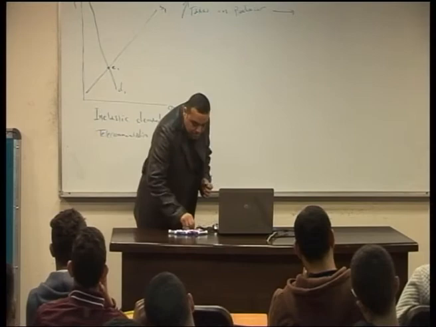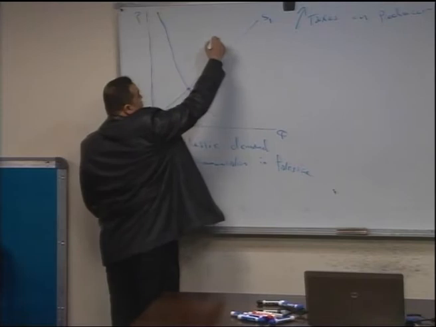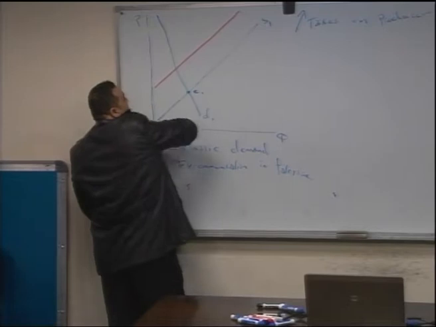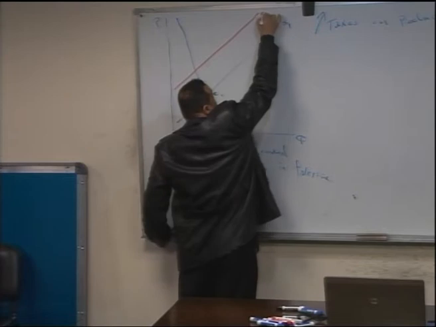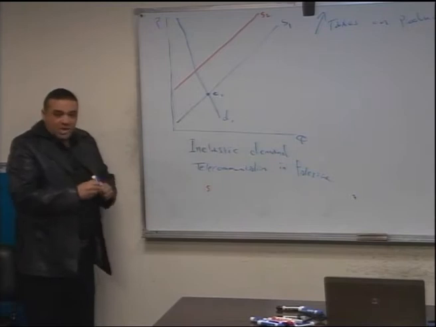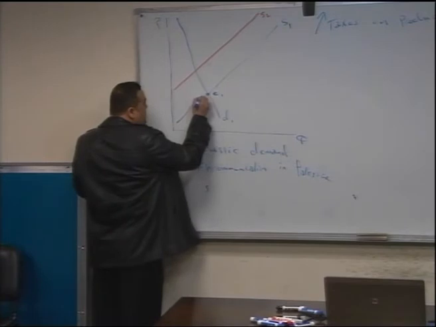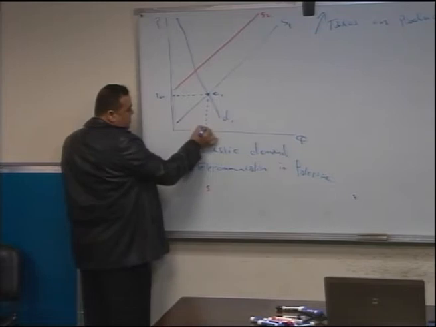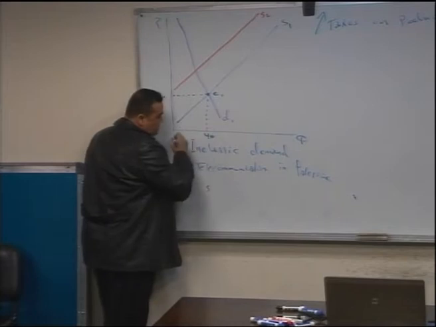Then the supply curve shifts left, parallel to the previous one, to S2. Where is the new equilibrium? Let us assume that under the original equilibrium point, the price was 100 shekels, and the quantity purchased, or the quantity of the services, equals 40 units.